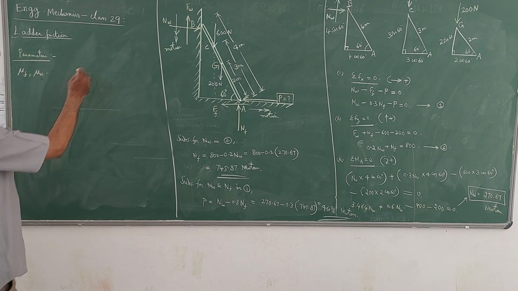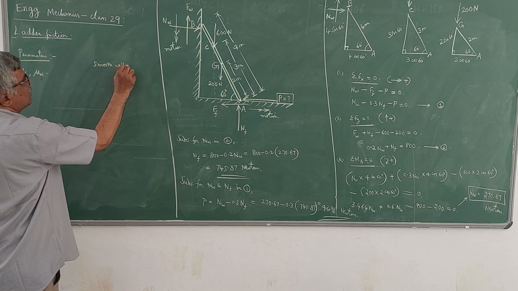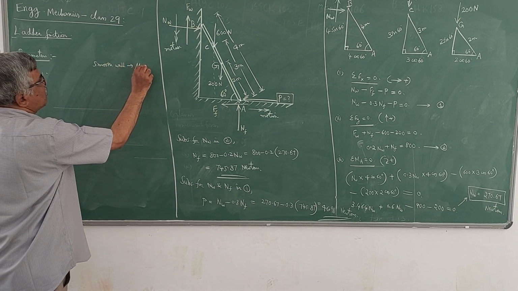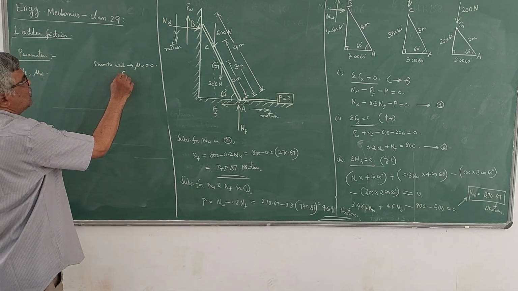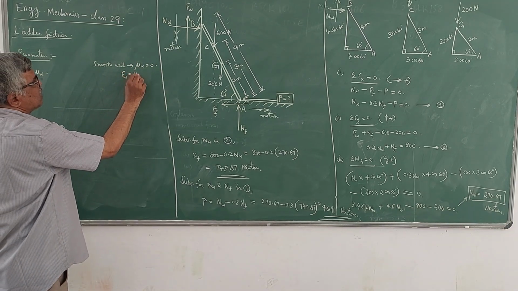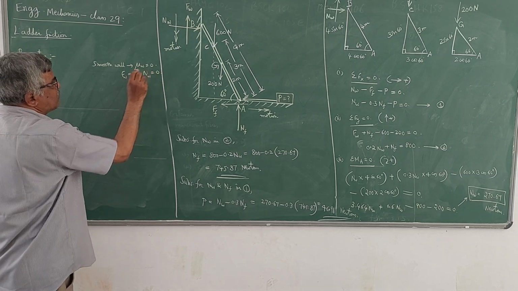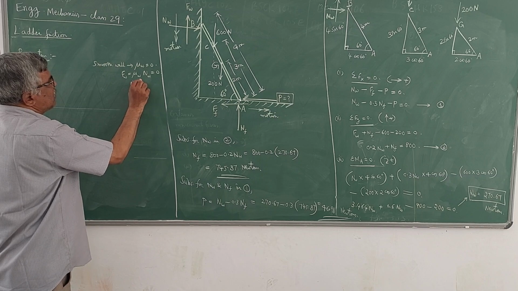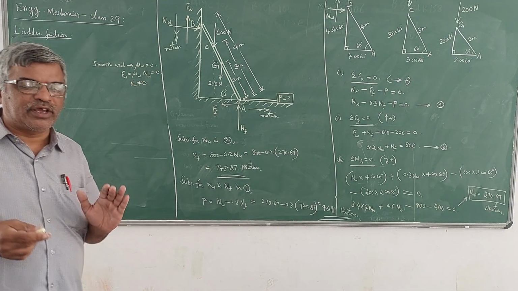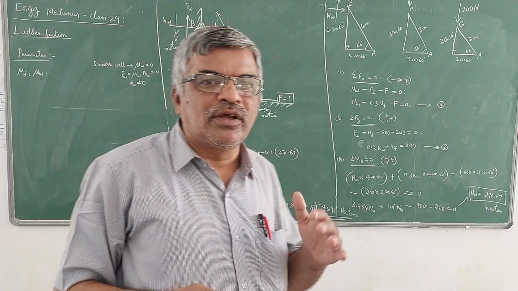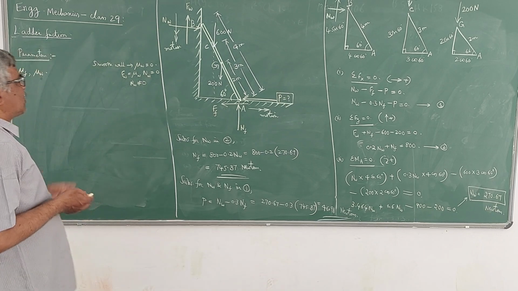Suppose they give a smooth wall, then the value of mu W you have to take as 0. When mu W is 0, Fw will be 0 because Fw is mu W into Nw. Nw will have some value. Nw will not be 0, because in the case of a smooth contact surface, you have only one normal reaction. Friction reaction will not be there.